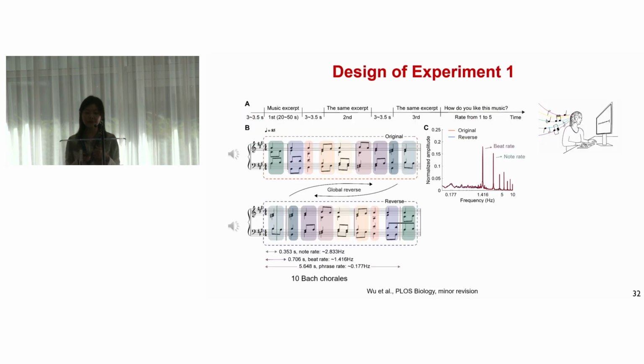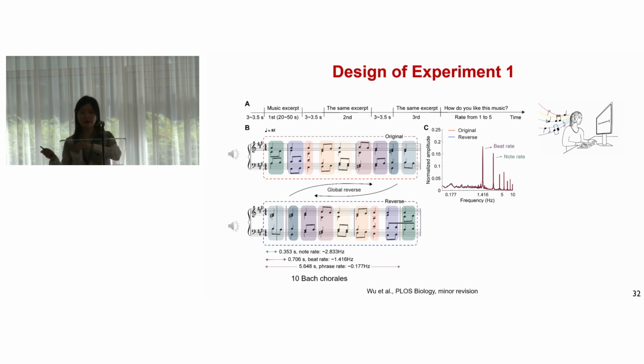To answer this, we designed a study. We asked subjects to listen to 10 Bach chorales, which have a highly regular beat structure. Here we have a note rate of 2.8 hertz, and the beat rate is 1.4 hertz, very regular. This is the original version, and we also have a reverse version.